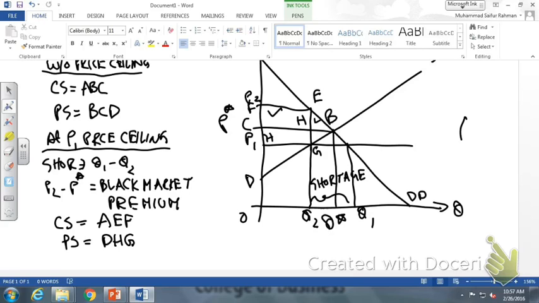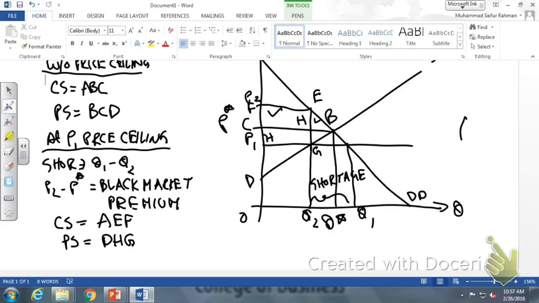Okay, so let's look at these two areas. Let's focus on the first rectangle, the upper rectangle, which was part of consumer surplus before, but our consumer is no longer having that. Why? Because they are paying black market premium. Are we all clear on that? So the upper rectangle is coming from the fact that as a result of this price ceiling set below the market equilibrium price, this results in black market activity where our consumers are forced to pay a higher price, so they lose part of their consumer surplus.